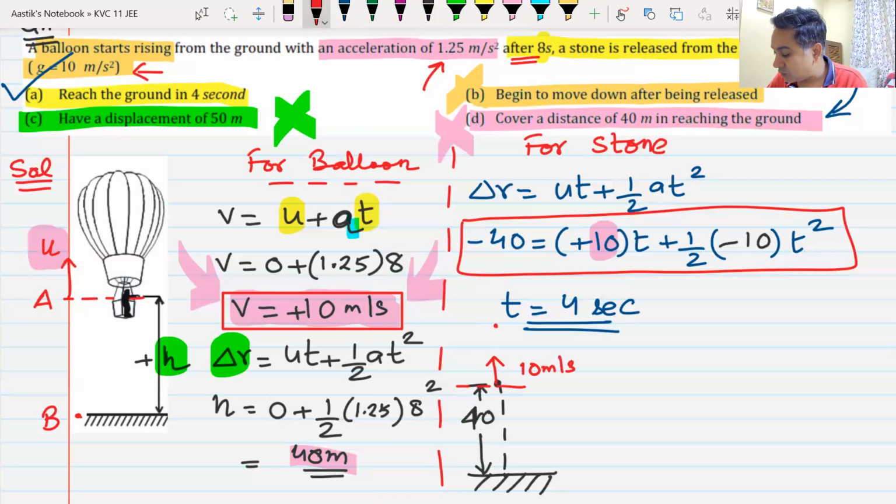So it will go up to some point, let us say C. Let us find out this height h. How high does it rise further? I can use v square is equal to u square plus 2 times a into the displacement.